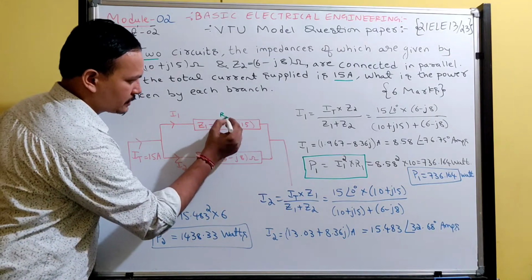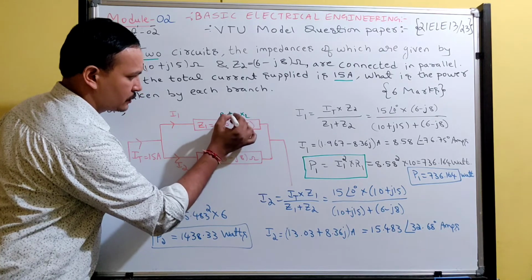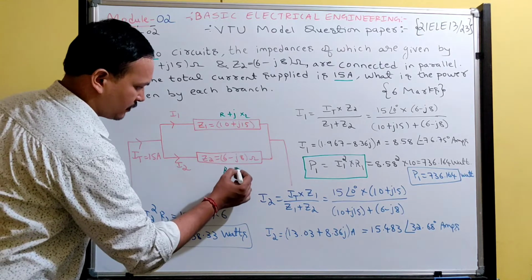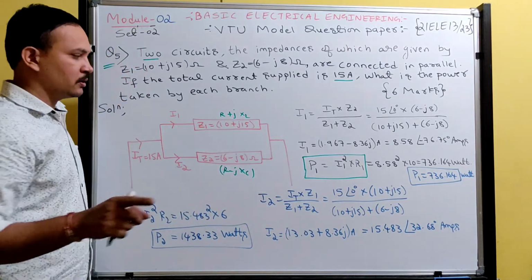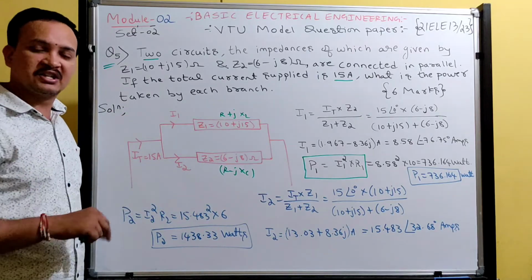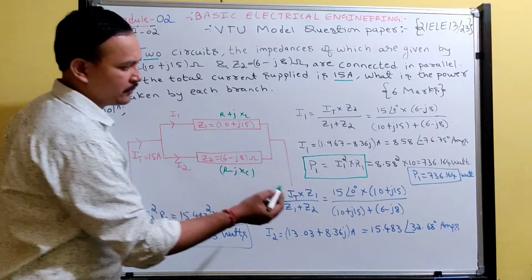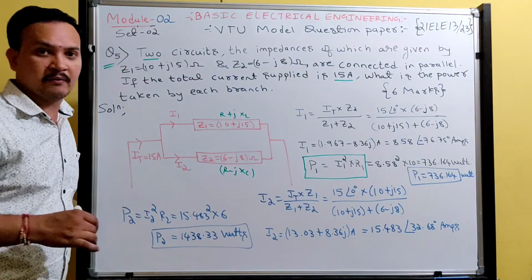This 10 ohm is resistance and this 15 ohm is inductive reactance. So it is in the form of R plus JXL and this is in the form of R minus JXC. Power is consumed only in the resistor. That's why we use this formula: P1 is equal to I1 square into R1.